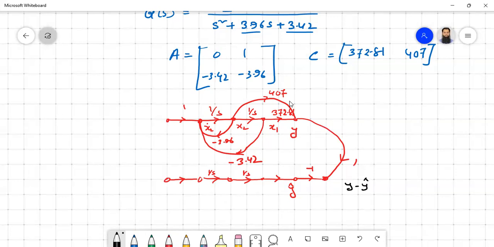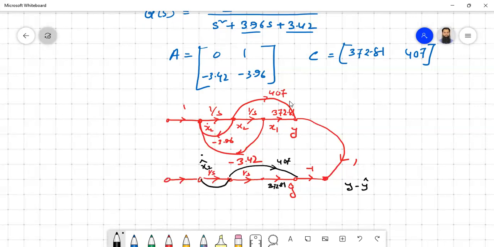So the rest of the thing will also be added. So 407, this is 372.81. And the other, this was your x2 hat, you have to give hat first, then you have to give dot.